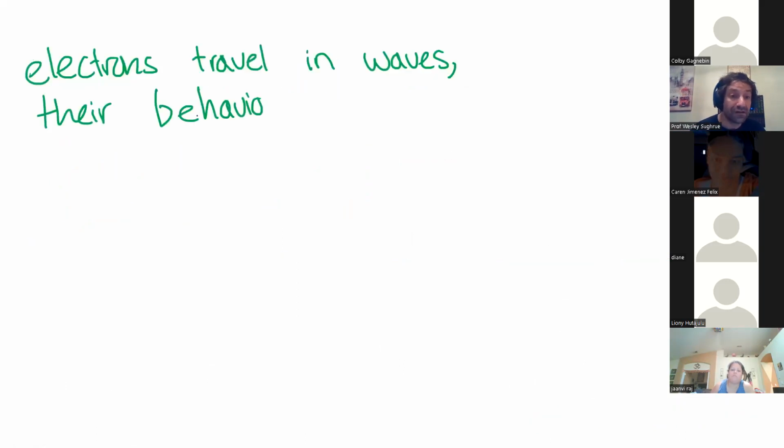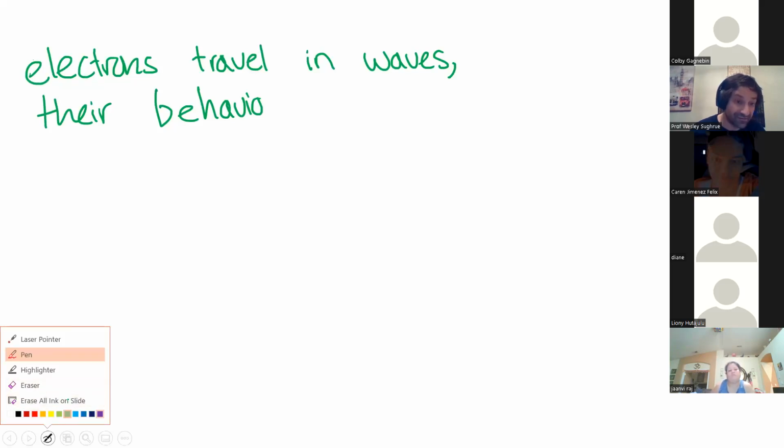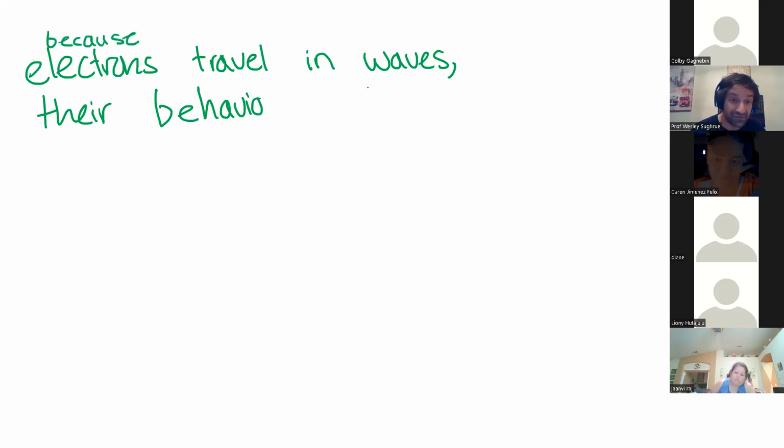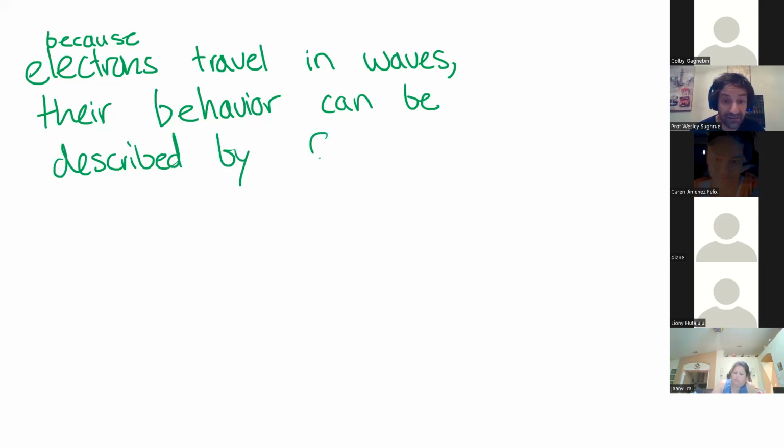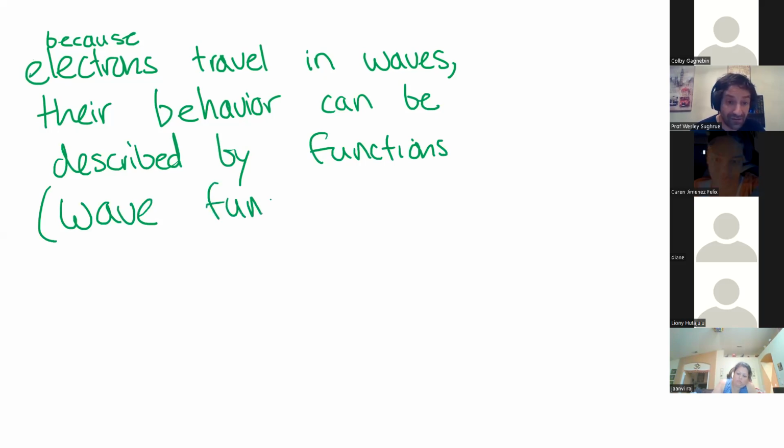So electrons travel in waves. Because electrons travel in waves, their behavior can be described by functions. Specifically, what we're talking about are wave functions.